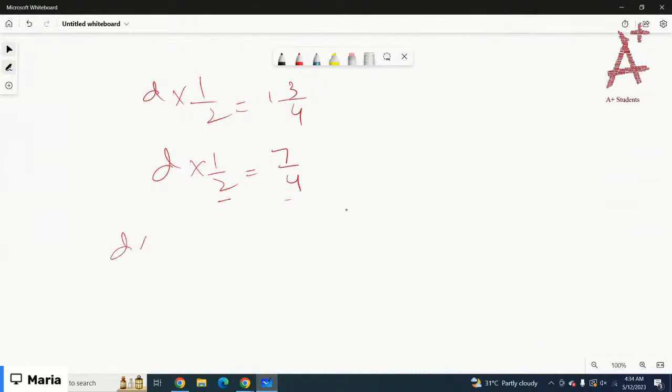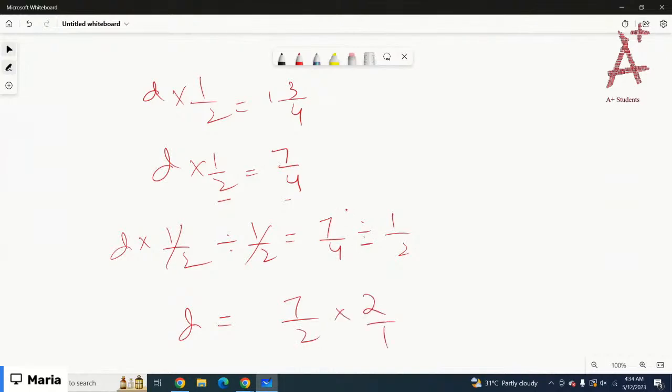Divide both sides by 1 over 2. 1 by 2 divided by 1 by 2 equals 1. Just change this division sign to multiplication. It would be 2 over 1. 2 and 2 cancel out and you are left with just 7. So the correct option is 7.